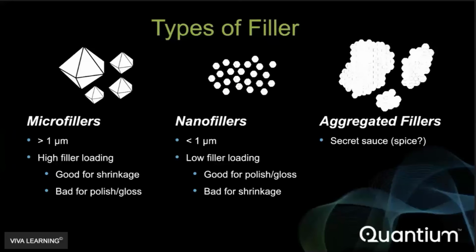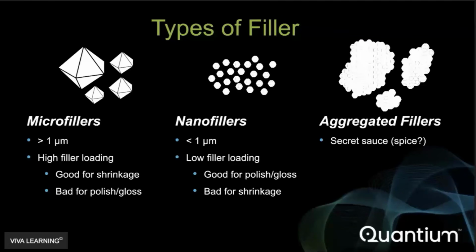And why do I choose Quantum? Because every time I tell you about a product, I will tell you why I use it. There are some other products, but I want you to understand why I use Quantum. Well, basically, if you remember when we were talking about the fillers, there are different fillers. Quantum basically took the best of both worlds from the microfillers and the nanofillers, united them together, and it uses a combination of microfillers as well as nanofillers.